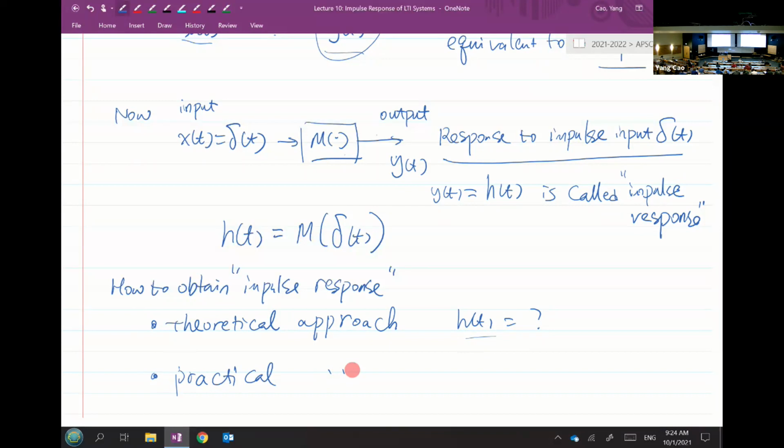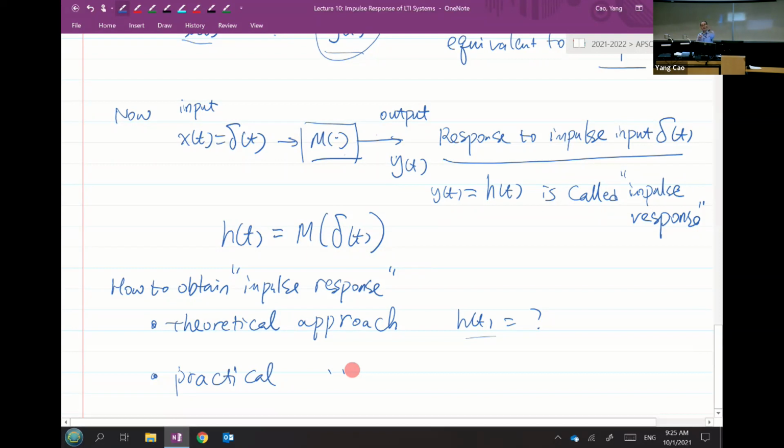For example, if I ask you to obtain the system response to a sinusoidal input, you could bring a signal generator and set it to a sinusoid at a certain frequency and amplitude. The generator outputs that signal, we connect it to the system, and you observe the system output using an oscilloscope or data collection equipment and plot it out.